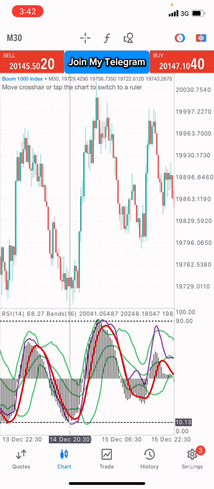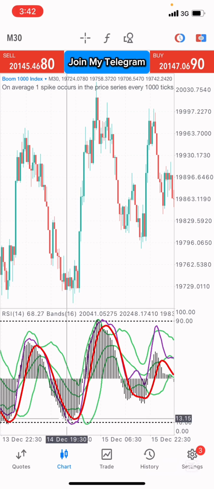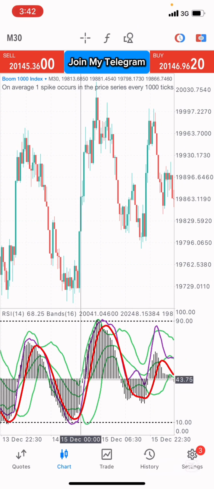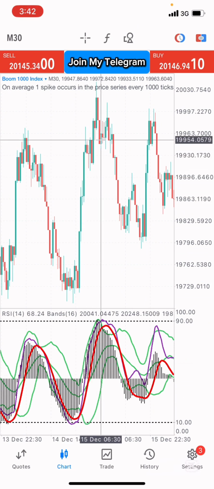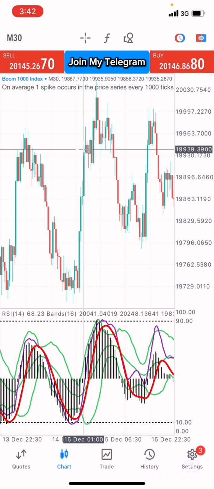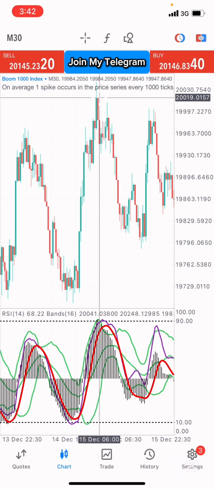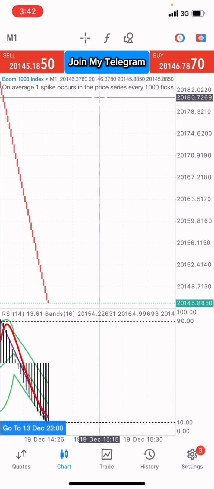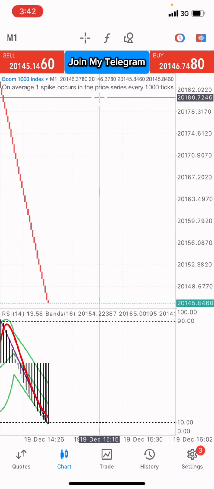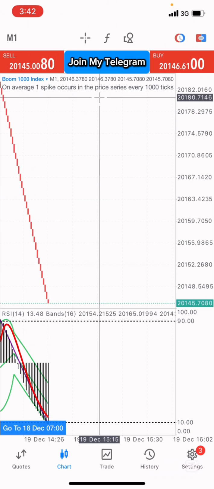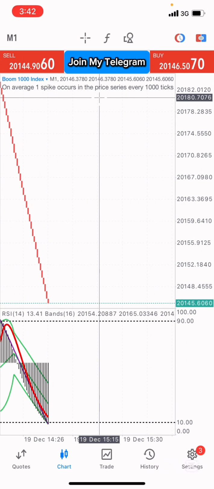The MACD touches the level of 10, the moving average touches the level of 10, the Bollinger Band crosses below, and the market just bought at that point. You see here, the market bought, it sold, it bought. The 1 hour time frame is the same thing. So you only use this strategy with these indicators on the 1 minute time frame to scalp the market.